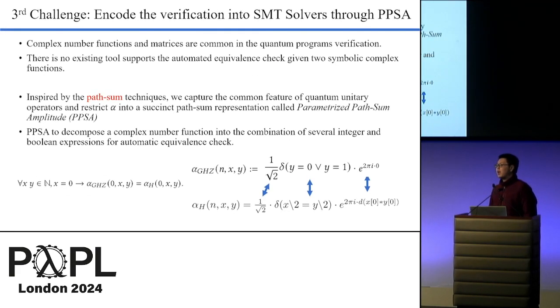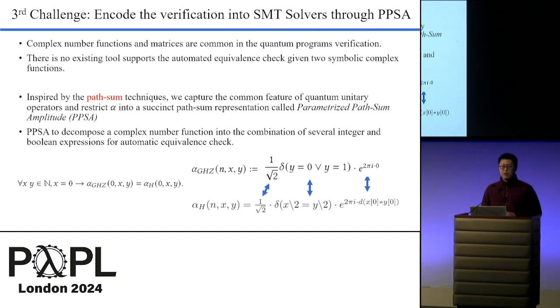Fortunately, in our case, we do not need to verify the equivalence between 2 general complex number functions. We just need to verify the equivalence between a special class of complex number functions. Inspired by some previous techniques called path sum techniques, we capture some common features in many quantum unitary states and quantum unitary operations.